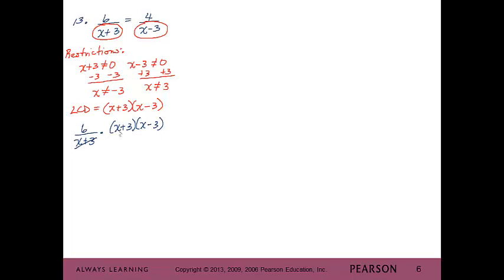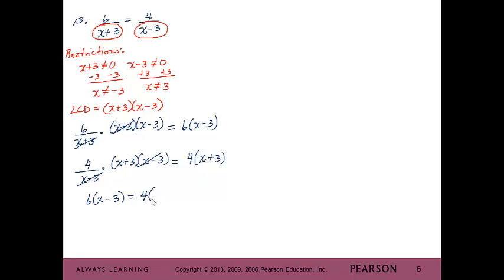Well, the x plus 3's cancel out, and this is going to become 6 times x minus 3. And then we can do the next term, which is 4 over x minus 3 times x plus 3, x minus 3. The x minus 3 cancels out, and we're going to be left with 4 times x plus 3. So our equation will become 6 times x minus 3 equals 4 times x plus 3.